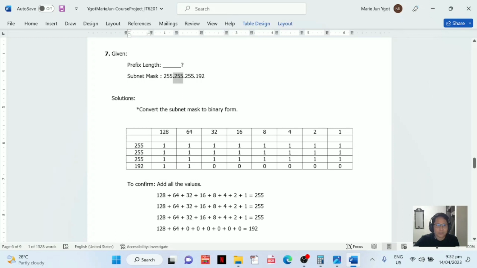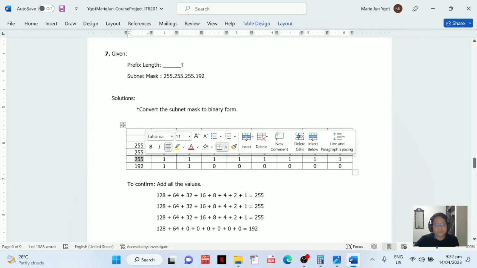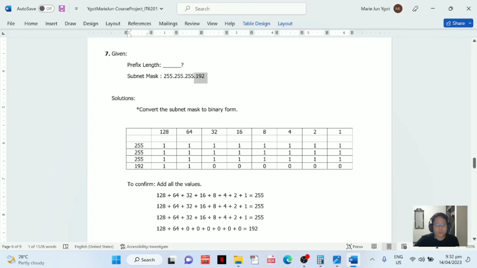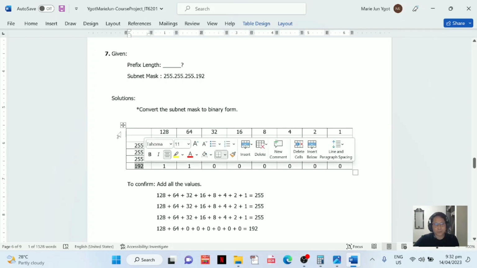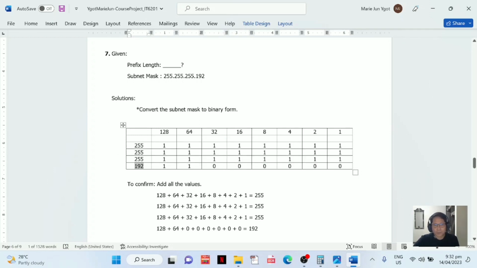The second octet is 255. We also put it down here. So our third octet is 255. Again, we put it down here. And the last octet is 192. We also put it down here. So again, we're going to get the value.